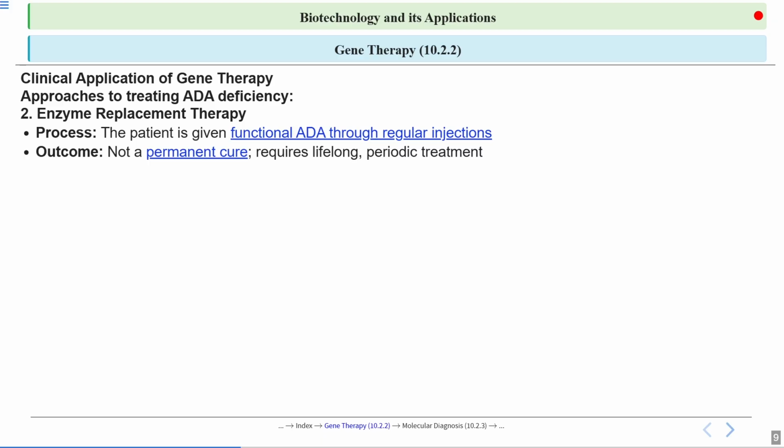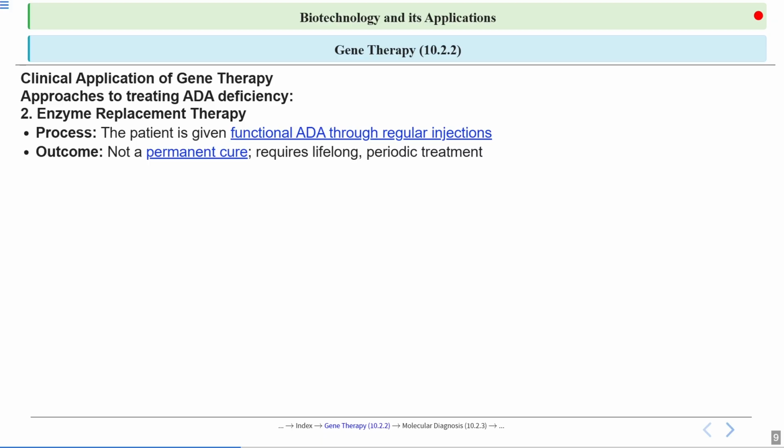What is the outcome? It is not a permanent cure, because the cell is not producing it. You are giving it through regular injection, and it requires lifelong treatment. In bone marrow transplantation, the bone marrow is going to produce cells that have that enzyme.